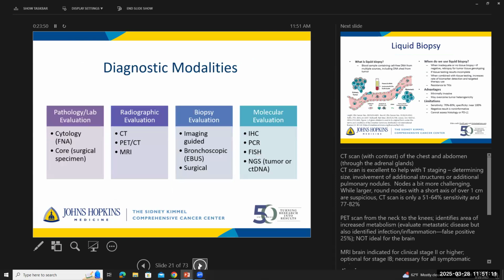Okay. So let's briefly introduce some diagnostic modalities. You're going to see these once you go into clinical rotations, both inpatient and outpatient, not even just in oncology, but some of the ways in which we gather information when we're working a patient up and trying to figure out what's wrong. In the pathology or lab evaluation, you might see a core needle biopsy or a fine needle aspiration.